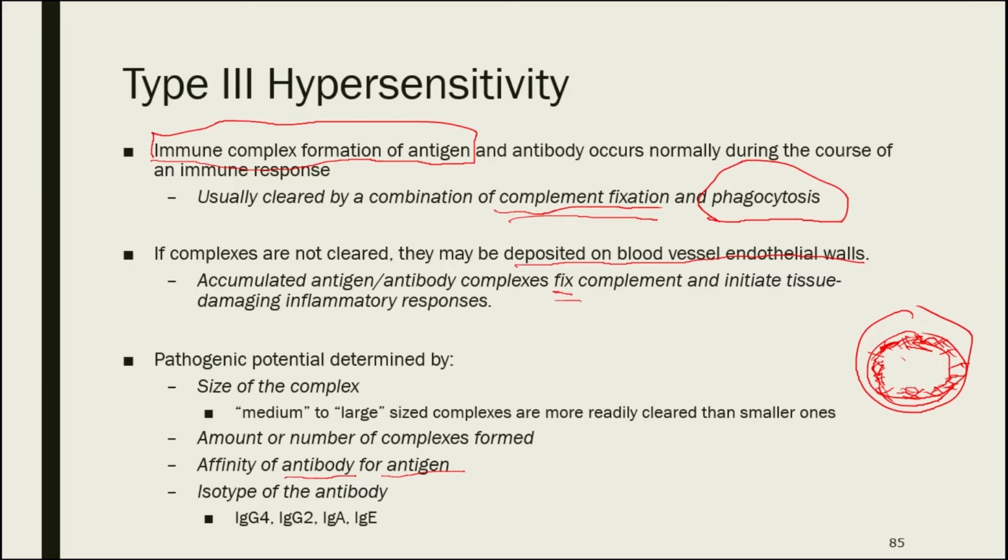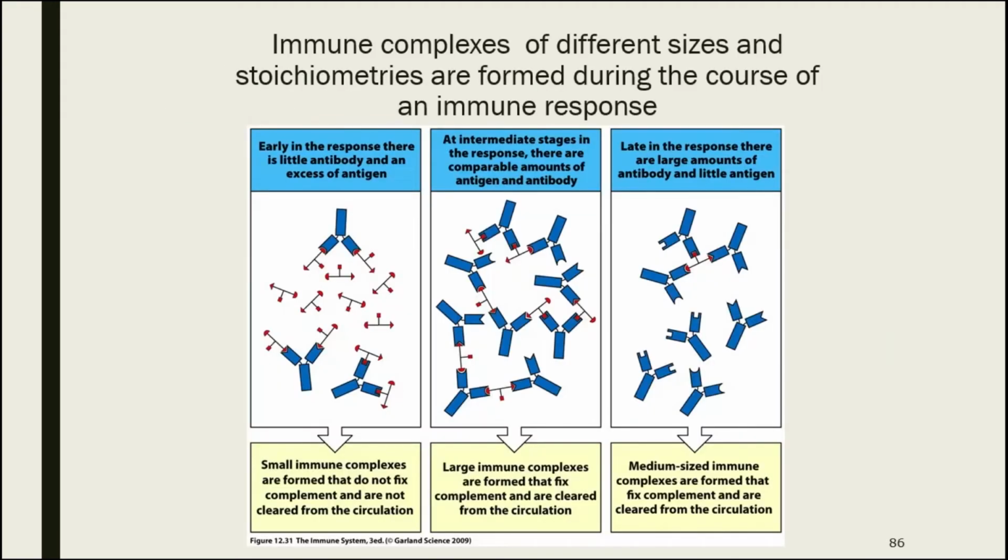And again, some special isotypes of antibody, particularly IgG4, IgG2, IgA, and IgE, cannot really interact with the complement system, and they are more prone to forming complexes that cannot be cleared. Those are some examples that can lead to type 3 hypersensitivity.